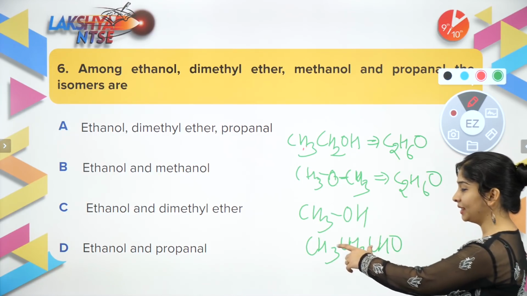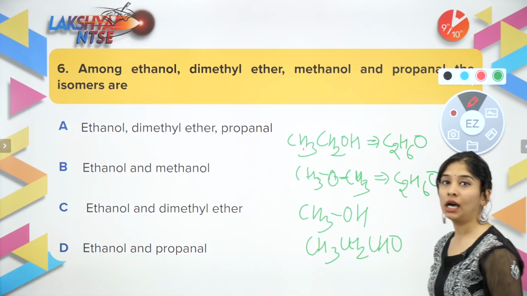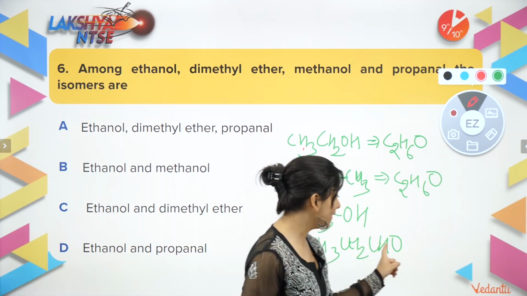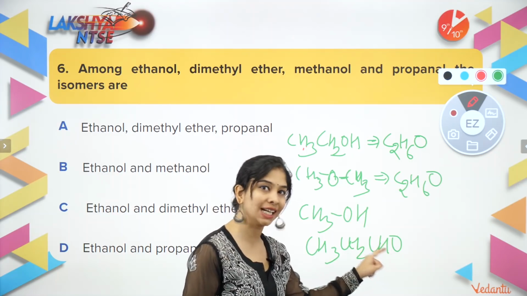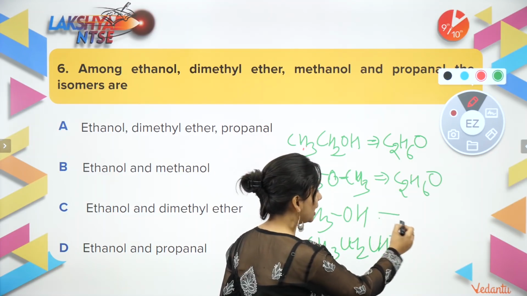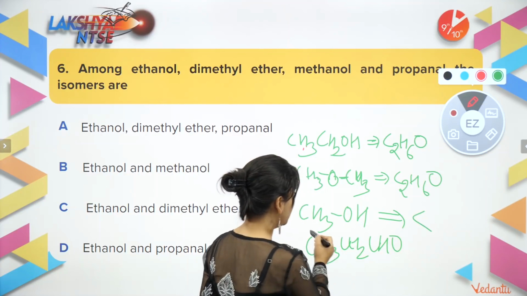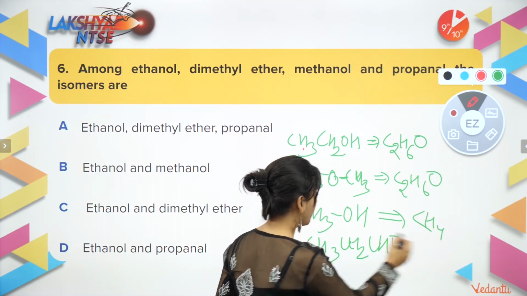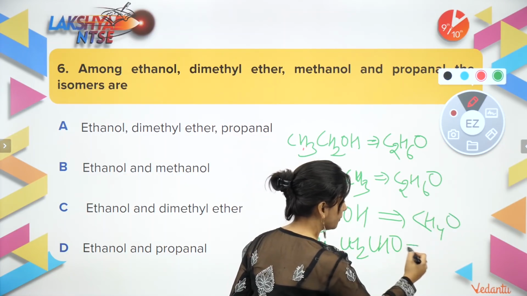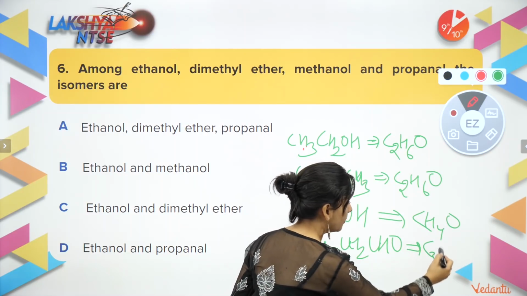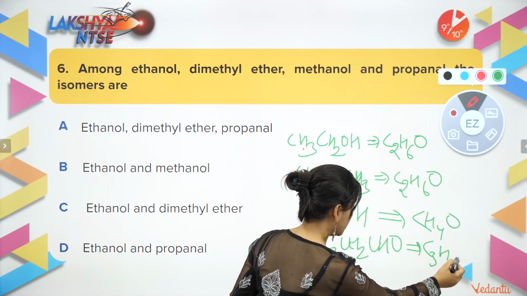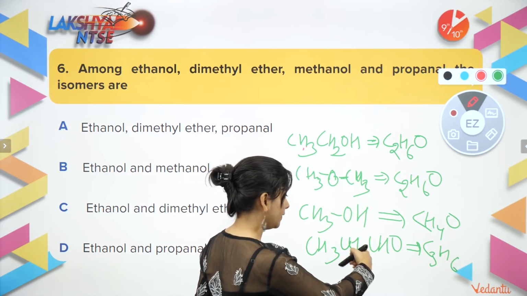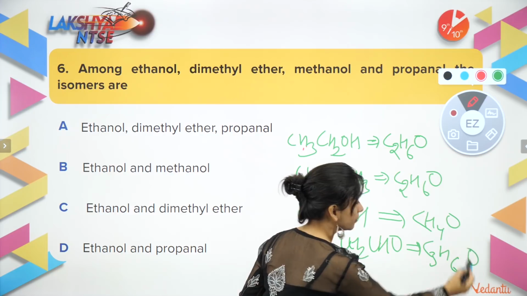Prop for 3 carbon, then ane, CHO group is aldehyde group. Okay, and that carbon should be included in the chain. ये मत बोलना मैम functional group is not included, that is included. So इसका formula लिखेंगे methanol का C1 carbon, 4 hydrogen, 1 oxygen. This is 3 carbon, hydrogen is 6, and then 1 oxygen.